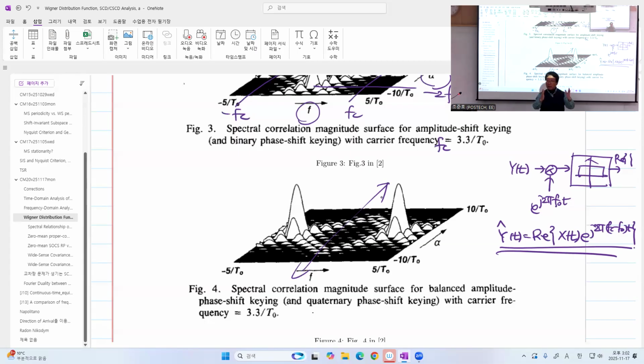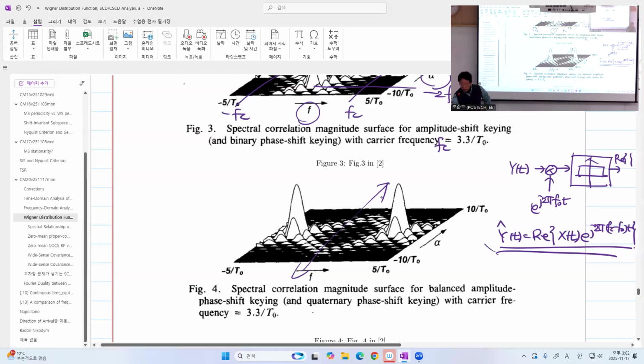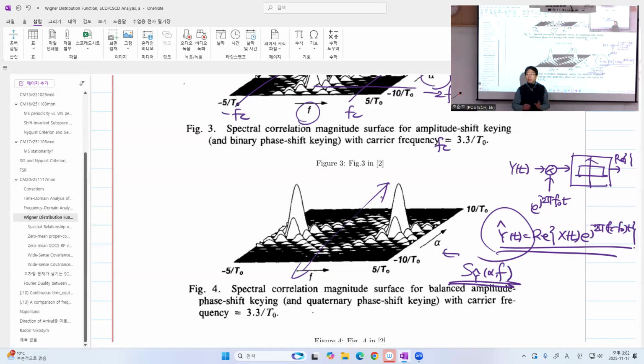But from a spectrum analyzer, you may have an idea that, okay, the spectrum is around 3 gigahertz. Now you down convert it to 3 gigahertz, and still there could possibly be some offset. Now you handle y hat of t, and this could be y hat of alpha f, possibly. Because carrier is very, very high relative to 1 over t sub 0 in general. So be careful, okay? This is a very simplified version of SCD of a real bandpass random process under the assumption that it could be already down-converted to intermediate frequency.